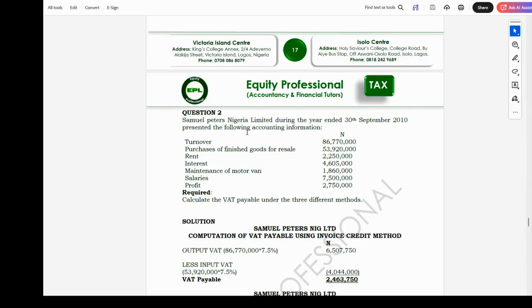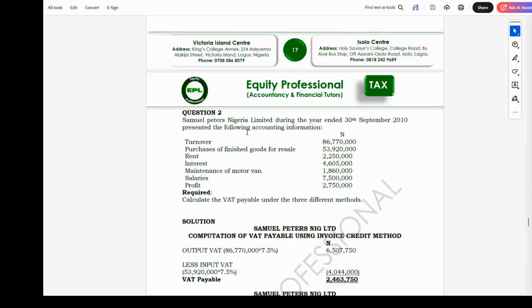The sales is our turnover, while the input VAT is VAT on purchases. And I told you that the expenditure that will form part of your input VAT is only which expenditure? Who can remind us? Direct revenue expenditure.